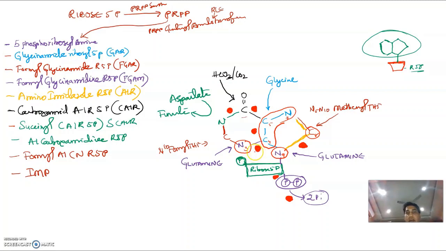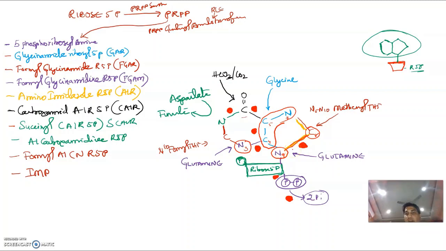After this step, there is a cyclization reaction which requires ATP and aminoimidazole ribosyl 5-phosphate is formed. An imidazole group containing 2 carbons, 2 nitrogens and the C8 forms after this cyclization reaction, which requires an ATP.